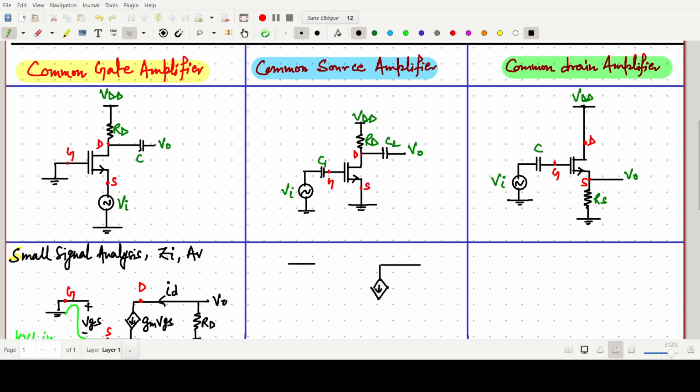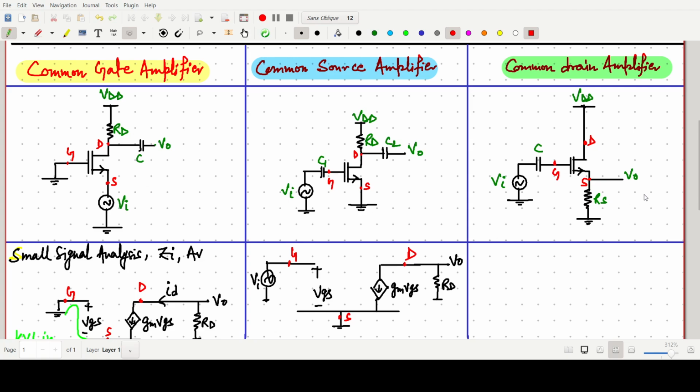You have to know how to draw plus minus VGS, and this one is gm VGS, and RD, and this should be V naught. This is our VI, this is our gate side. Capacitor will be shorted, so gate, drain, and source.